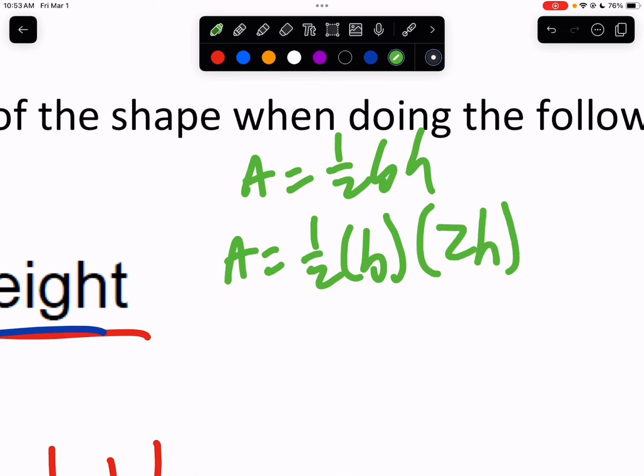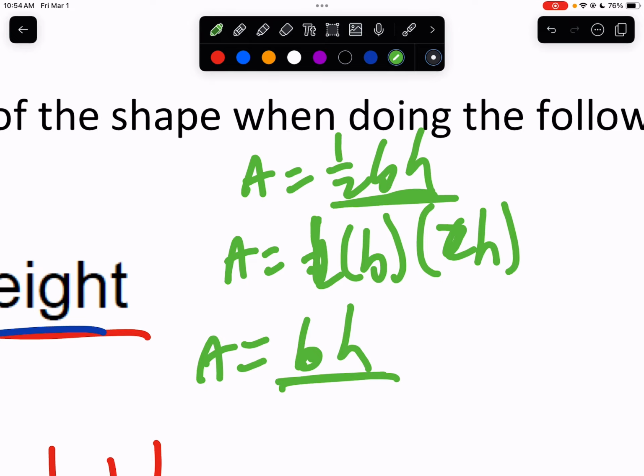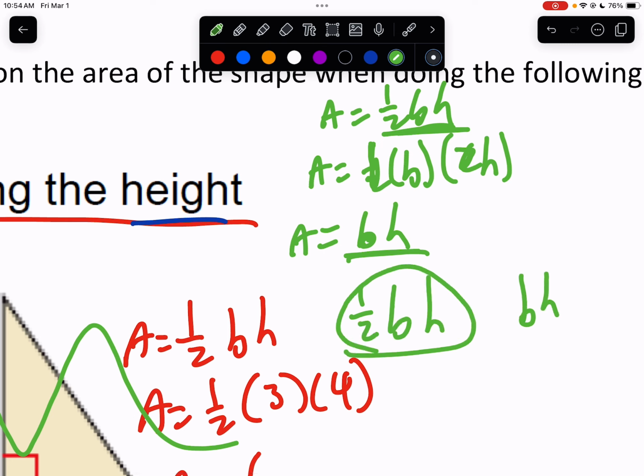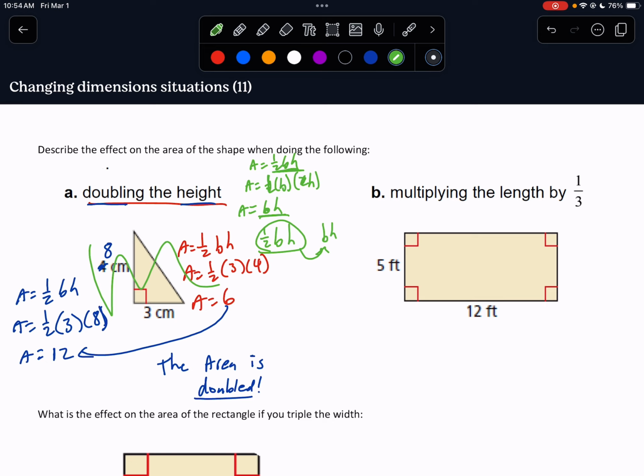If I clean this up, 1/2 times 2 cancels out, so the area is base times height. How does this area compare to this one? If I have 1/2 base times height, and then base times height, what would you have to do to that number to get that one? You would have to double it. So again, the area would be doubled.